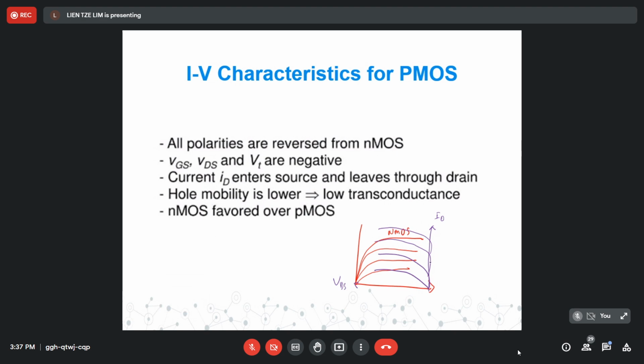The values may be the same, but the polarity will be negative. This is negative VDS. Again, I repeat: the load curve for PMOS will be opposite to the NMOS. The curve looks similar to this.